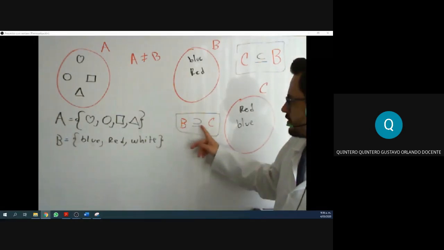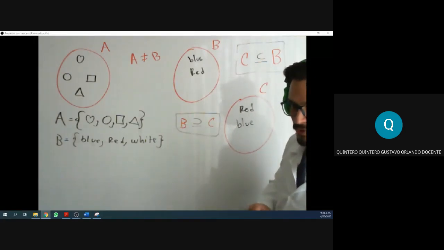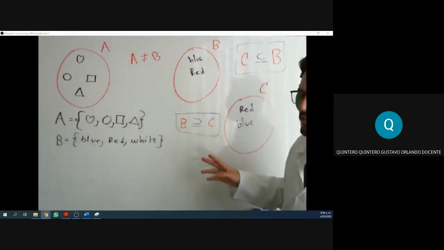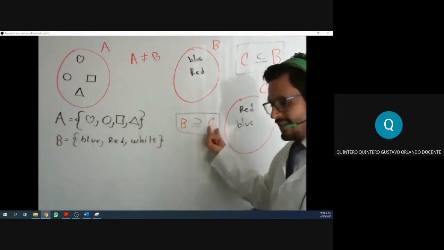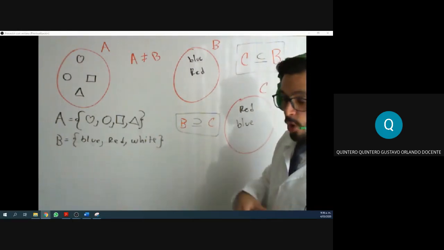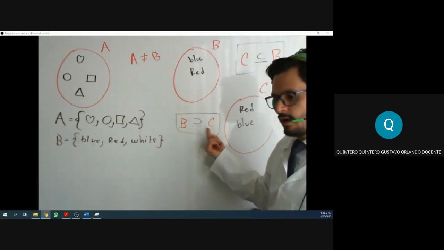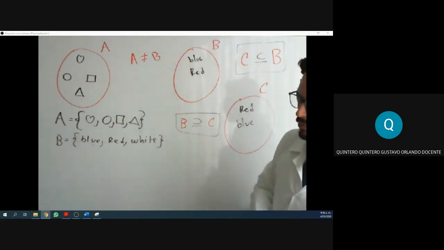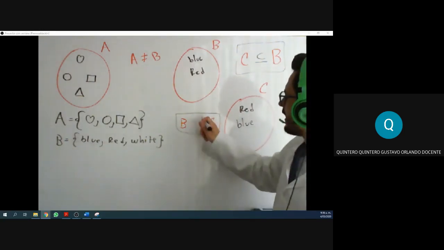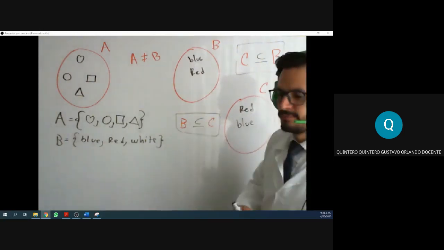B is a superset of C. Superset. Ooh, what is that, man? I don't know. Don't get scared. It is absolutely the same. You just read it backwards. C is contained in B. Or B is a superset of C. You just read it backwards. It is the same, all right? But like I said, for mathematical studies, let's focus on this sign.